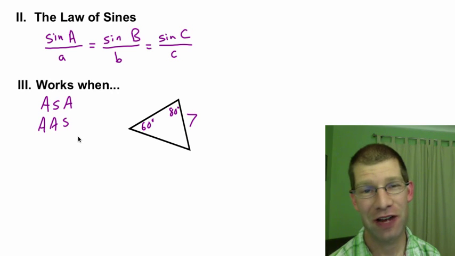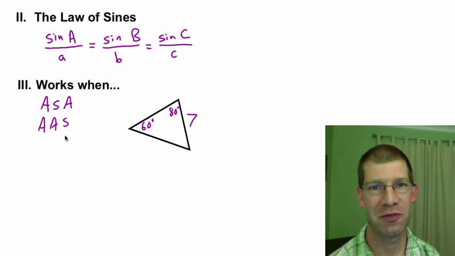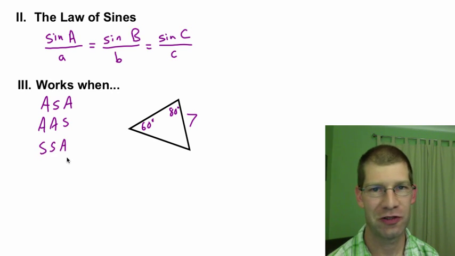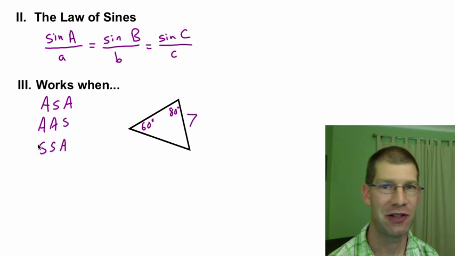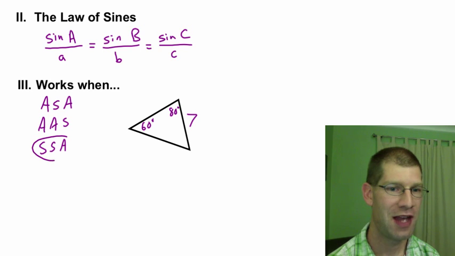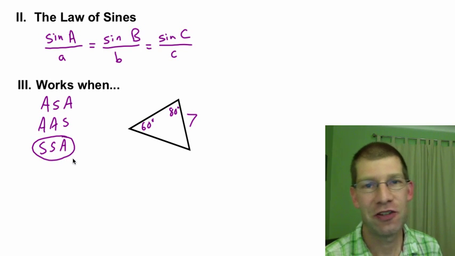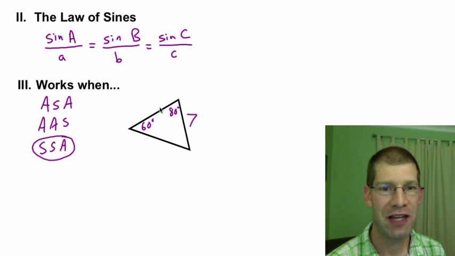Now one that's not a triangle congruence theorem, which we actually visit more later in the chapter, would be side-side-angle. Or as many high school students remember, if you flip it around, the opposite order spells a naughty word. But this isn't a triangle congruence theorem. It's actually kind of cool, and we're going to look at it in this chapter. The reason it's not is there's more than one possible triangle with that.